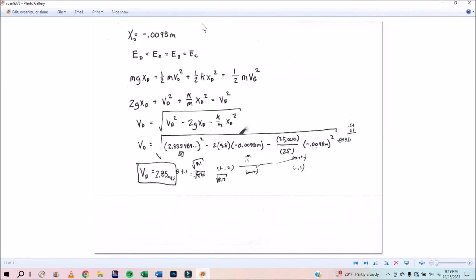We can't measure that, but we can calculate it, but it's no longer part of our system. So that's how you take energy out of the system, but still recognize that the conservation of energy always applies. The energy at one point is going to be equal to the energy at the other point, as long as it's not getting lost due to friction. And usually friction is the only one that loses energy from the system.